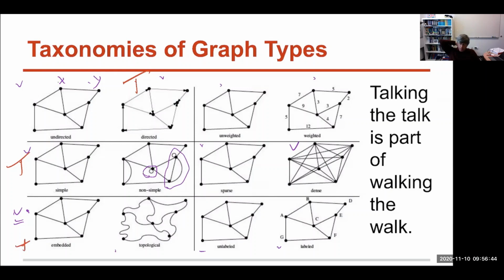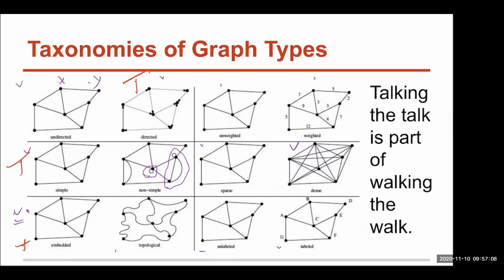Is Twitter a weighted graph, where you've got a weight between pairs of nodes? Some say weighted, some say unweighted. Is there a special kind of follow?